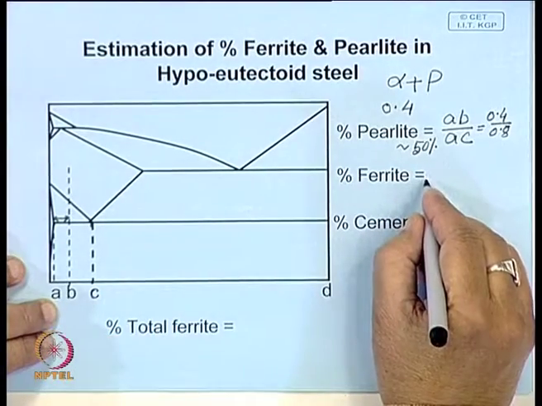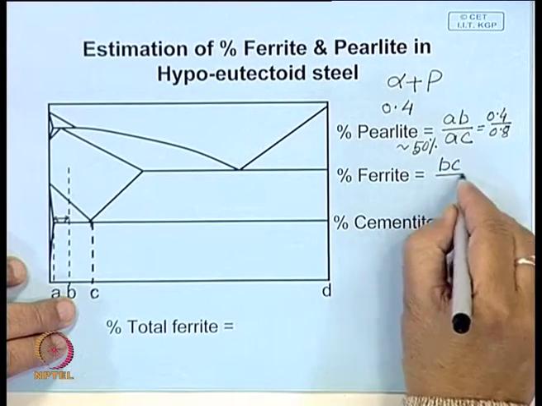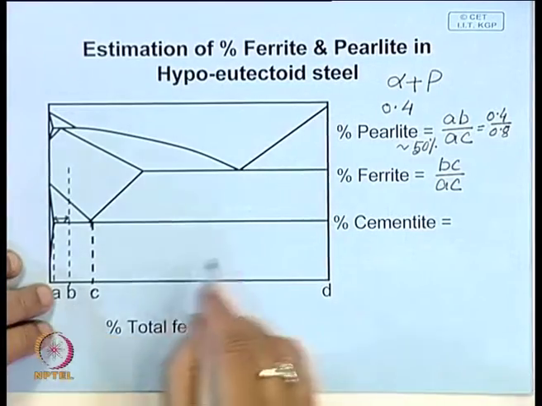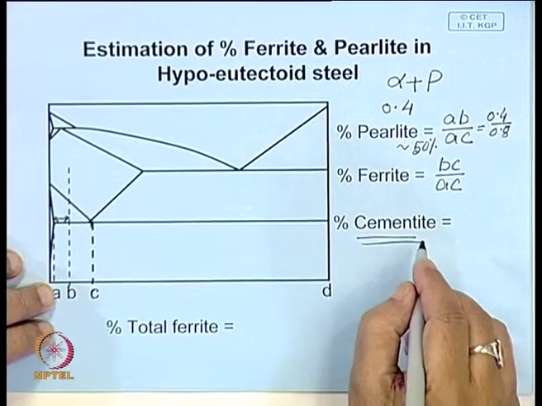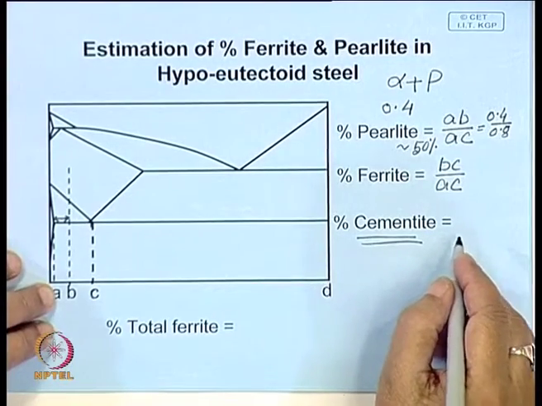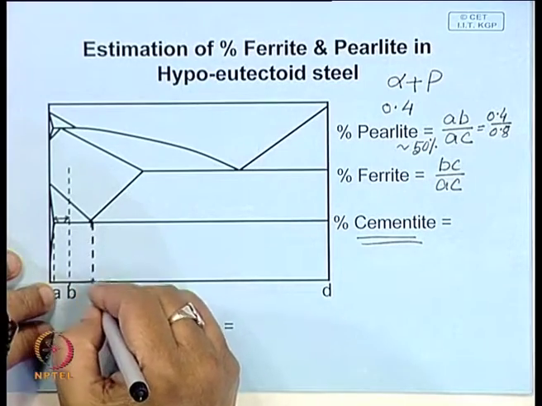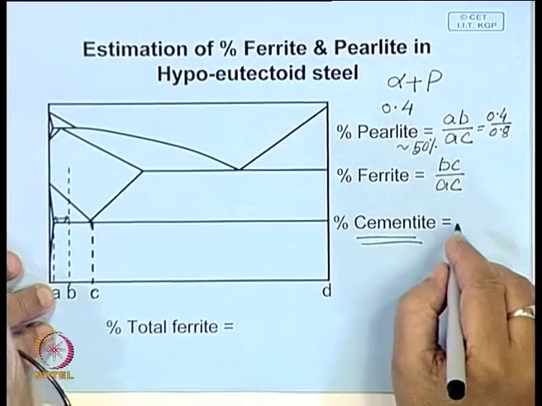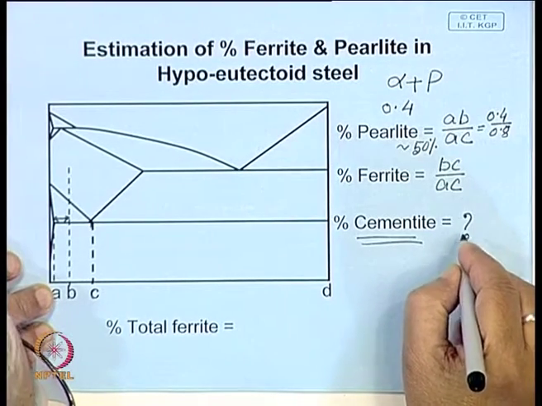Similarly, you can calculate ferrite; the amount of ferrite will be B C over A C. Now, it is also possible to find out the total amount of cementite. Cementite is present only within the eutectoid structure, and I leave it to you to find out the percentage cementite.